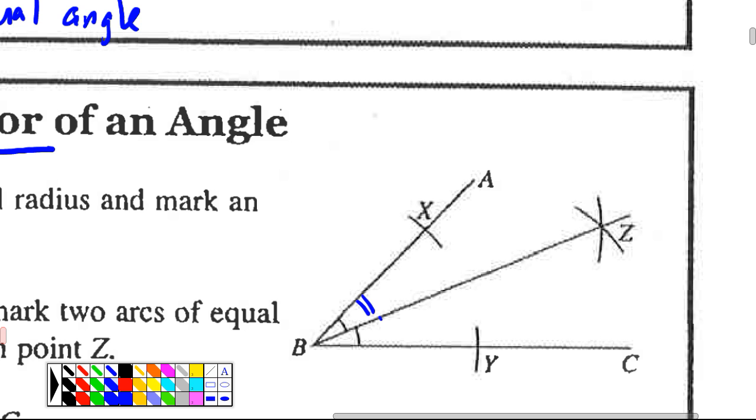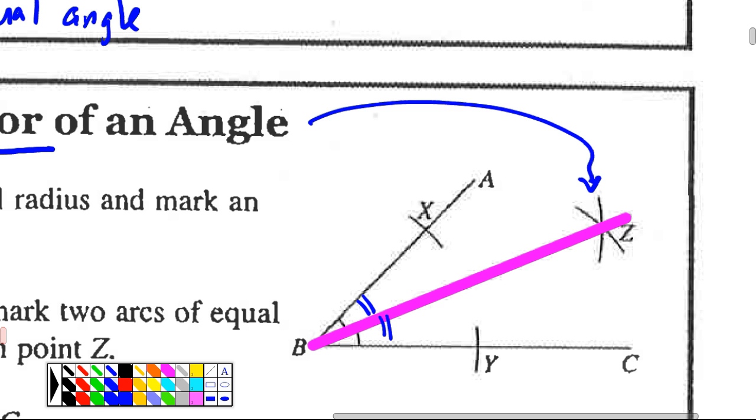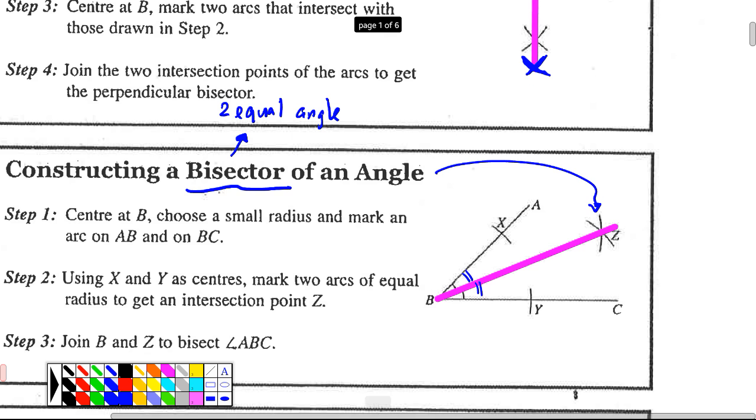This one and this one. So where do you think is the angle bisector? Which line? Very good. Easy, very easy. So you point this down here, and this is called the angle bisector. The pink line is the line you want to construct.